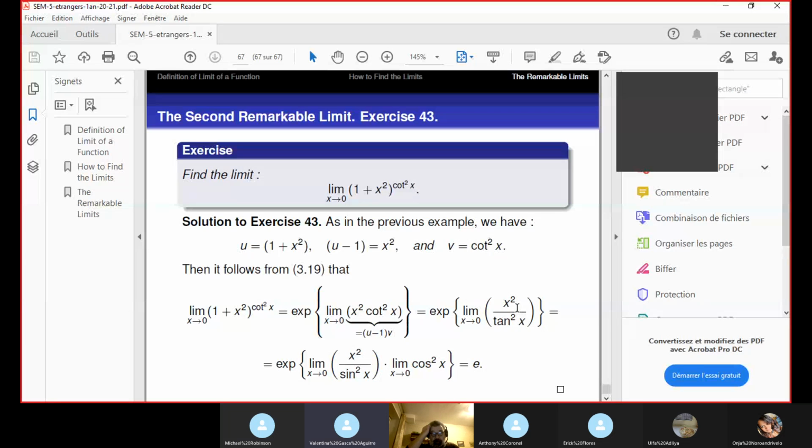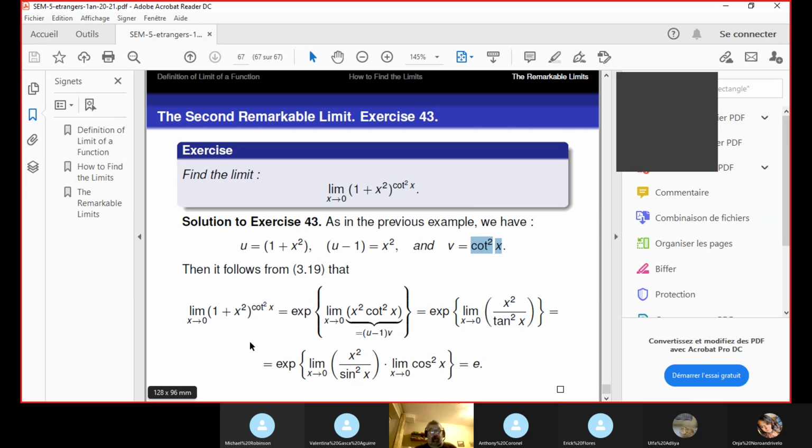So now, you see another limit: as x goes to 0 of (1 plus x squared) to the power cotangent square of x. As in the previous example, first of all, u is 1 plus x squared, that is, u minus 1 is x squared, and v is cotangent square of x.